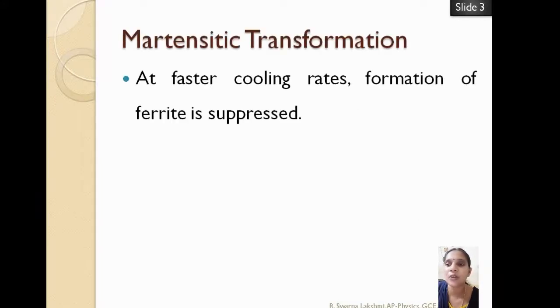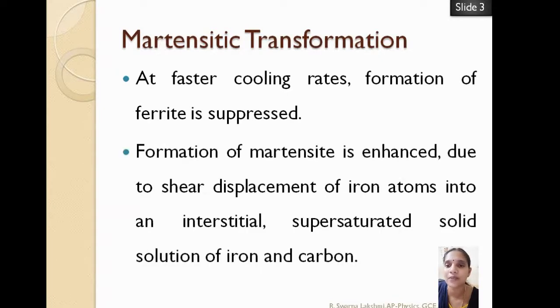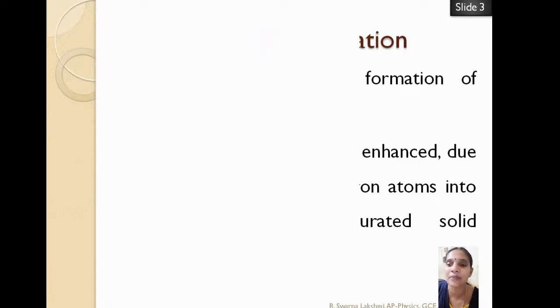At faster cooling rates, formation of alpha ferrite is suppressed. Formation of martensite is enhanced due to shear displacement of iron atoms into an interstitial supersaturated solution of iron and carbon.